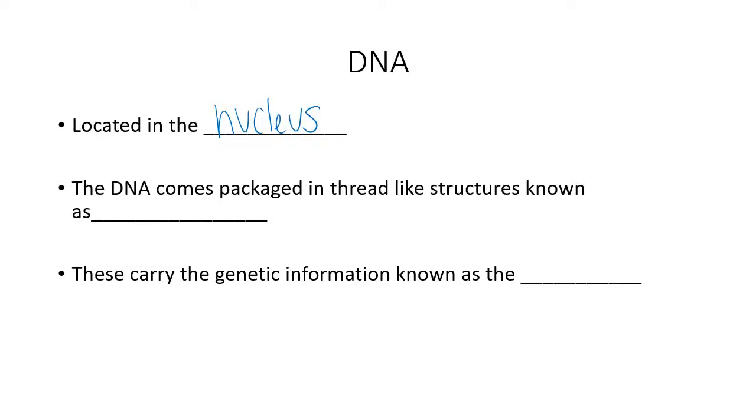And it's going to come in these packaged threads, structures known as chromosomes. So it's housed in the nucleus, but it's going to be packaged into chromosomes. And then these chromosomes are going to carry the genetic information, and those are known as the genes.